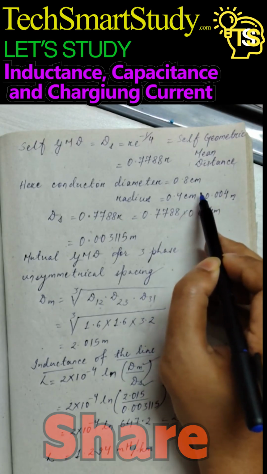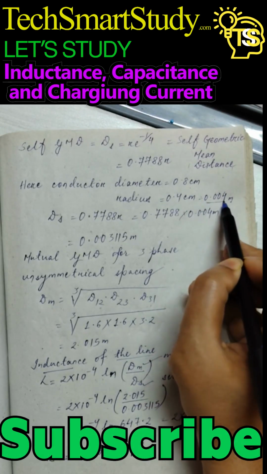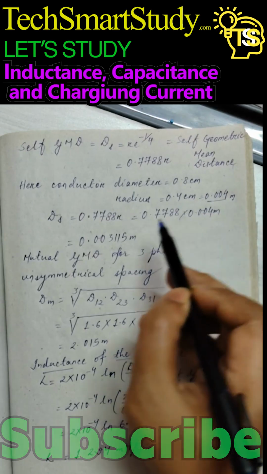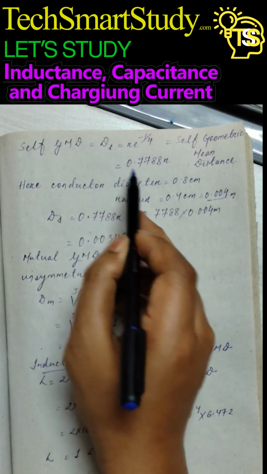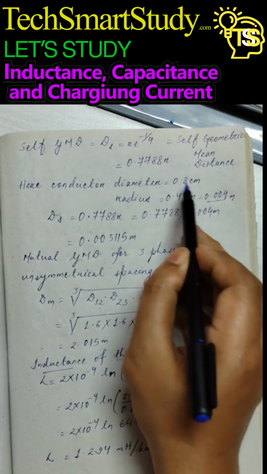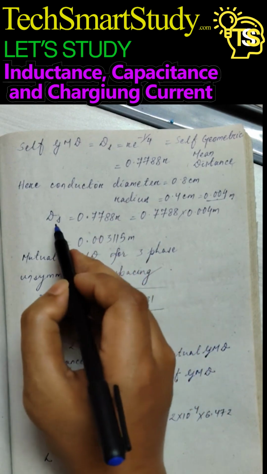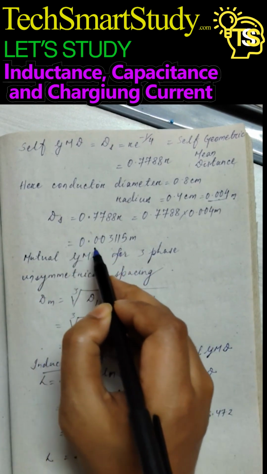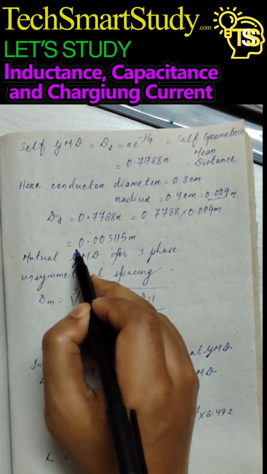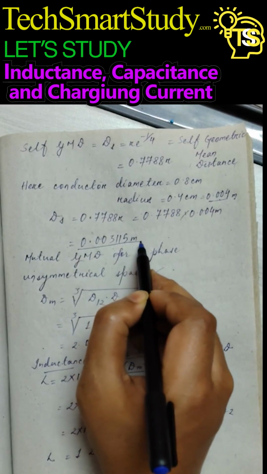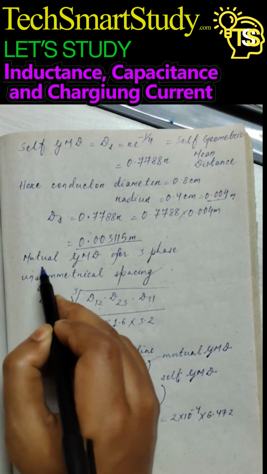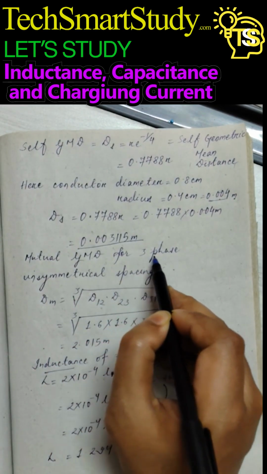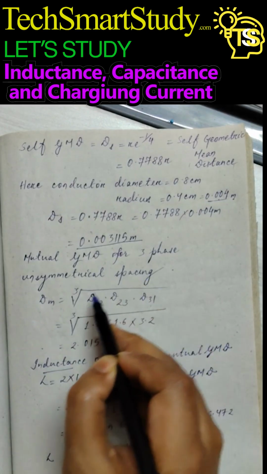So it is 0.004 meter, and we'll put the value of this radius here and we'll get self GMD as 0.003115 meter.